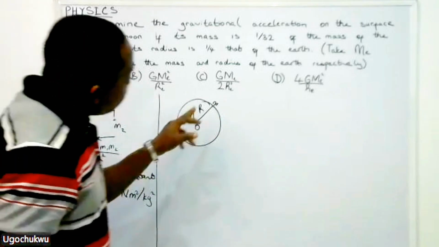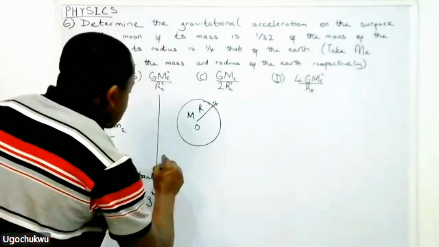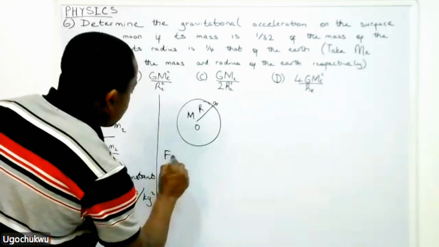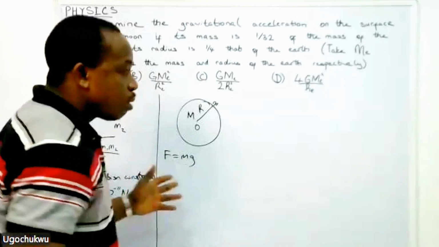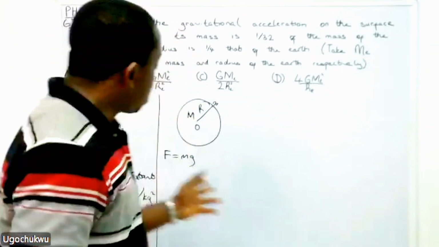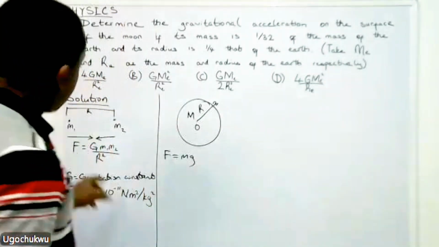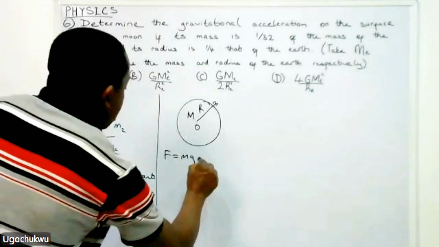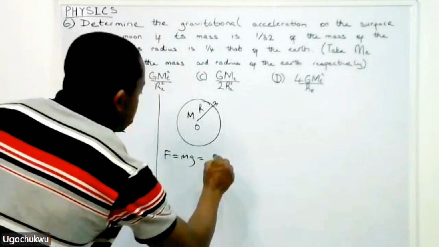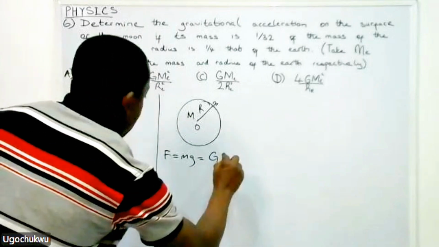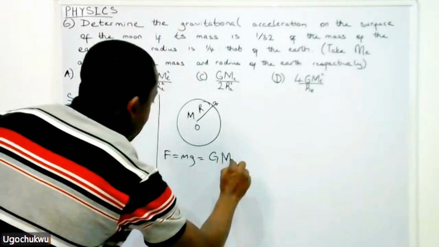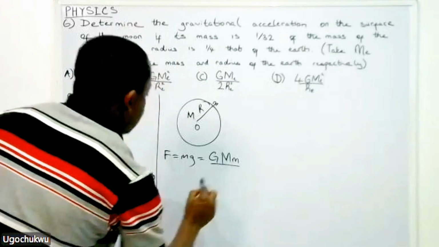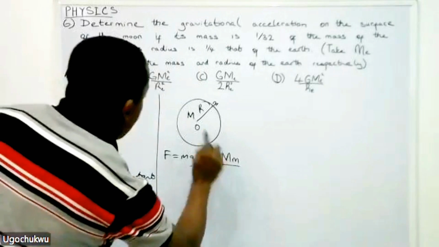But then, for a body on the surface of the Earth, we know that the force on that body will be mg, right? Force, mass, and acceleration. This is mass and acceleration due to gravity. But from Newton's law of gravitation, we can also say that this force is G M, the mass of the Earth, times the mass of the body, all over R squared.